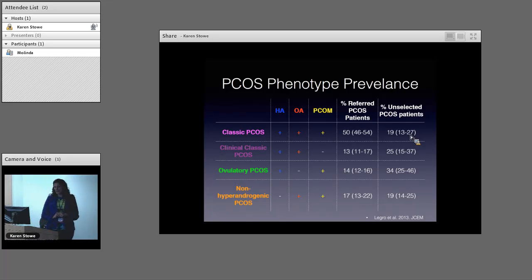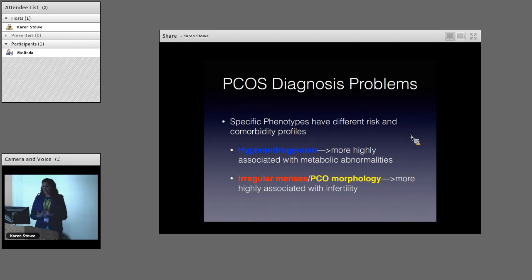So just a little picture as to what is being referred to our clinics compared to what the actual prevalence of disease is according to phenotype. The majority of the patients we may be seeing in clinic, probably 50%, have classic PCOS with hyperandrogenism and ovulatory dysfunction.